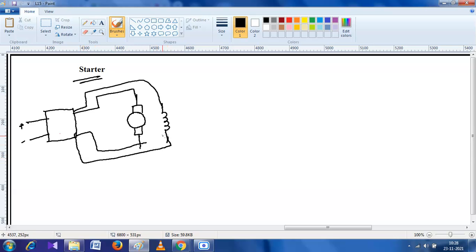Suppose we make a connection, or say we give a supply to a DC motor like that, and the name of the device is starter. Now with the help of the device we start a DC motor, it's called starter.